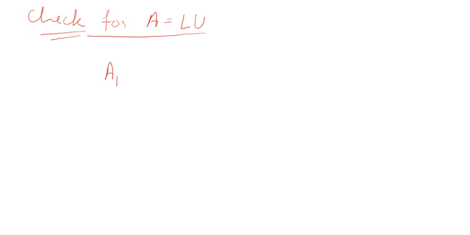So, what you need to check, for A equals LU, in writing the pseudocode, is whether that A_k is non-singular or not. So, you need to verify this, then only you should proceed for finding the LU decomposition.